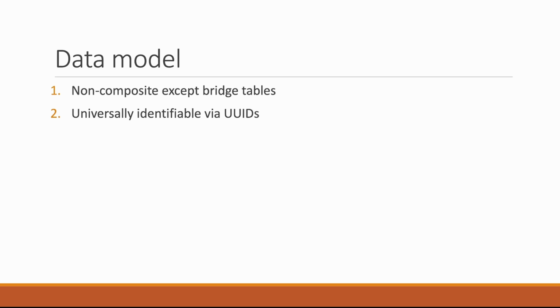That's why they are called universally unique. You can literally assign a different UUID to every particle in the world and still not come up with any duplicate. That's how unique they are. So every entity in OpenMRS is uniquely identifiable.